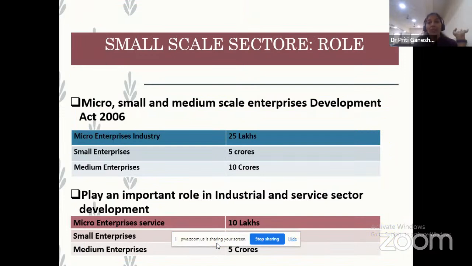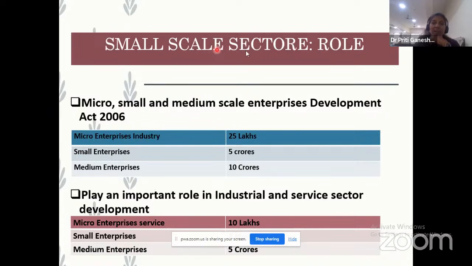Then the second important question is from the next chapter, role of small scale industry. Again, this is a most important question. Since role is asked, you have to write about small scale in the introduction: the entire industries are divided into 3 groups, micro enterprise, small enterprise and medium enterprise.